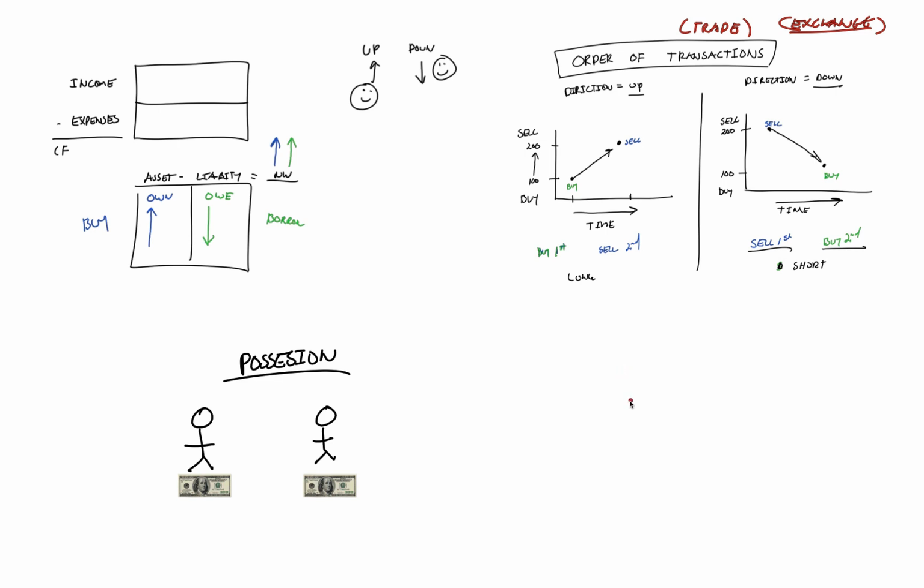What if these two people, instead of having $100 each, what if this guy was a pig farmer? Is that a pig? He's not very happy. He knows what's going to happen to him. And because he has a pig farm, he has 3 strips of bacon.